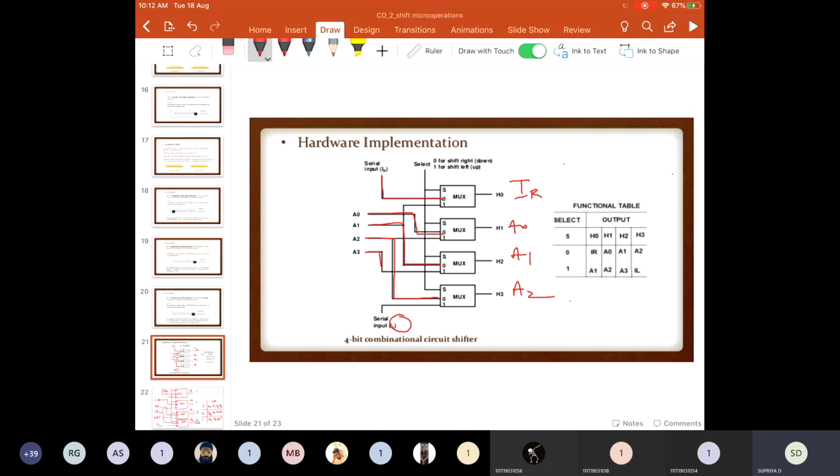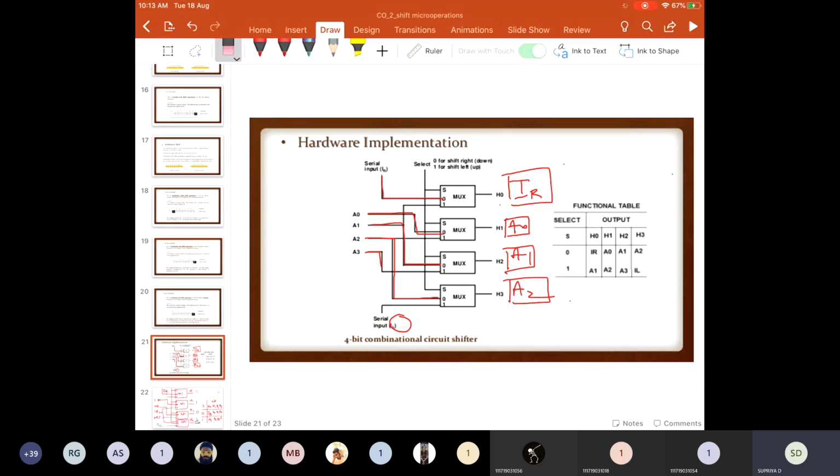That means you are doing the same thing we do in the shift right operation, right? You are moving down A0 to H1, A1 to H2, A2 to H3. You are moving one bit down and you are adding the serial input at the H0 position. This is the same as what we do in a shift right operation.